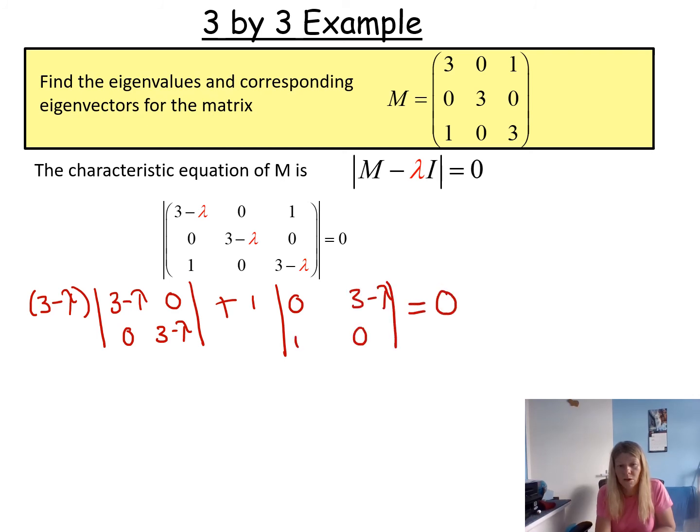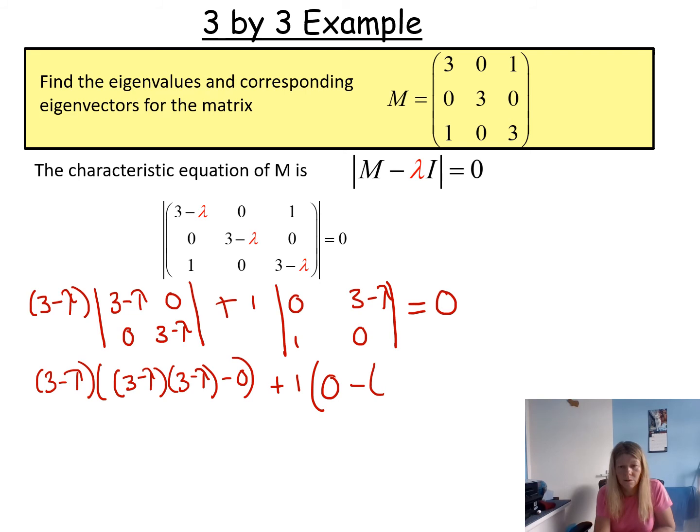And that's got to equal 0. So expanding that one, that times that, minus 0. So it's just (3 take lambda) minus 0. And this one plus 1 lot of 0 minus (3 take lambda) equals 0.